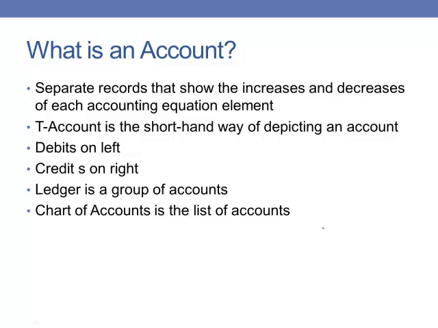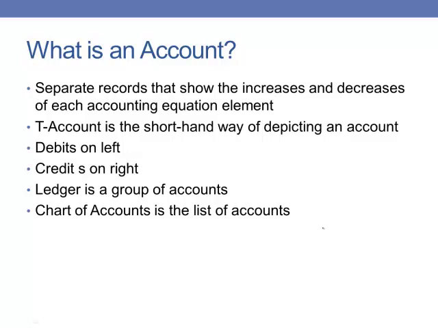Under those categories, we will have several accounts. You could have 1,000 different assets. Some of these, huge corporations may have hundreds and hundreds of asset accounts. So we obviously do it on a very small scale while we're learning in this class.